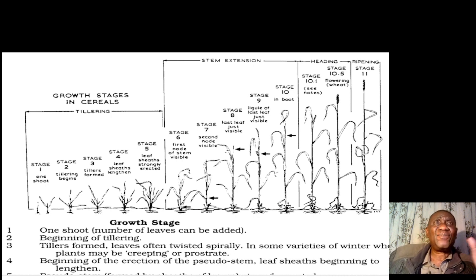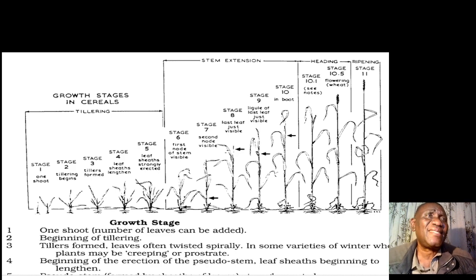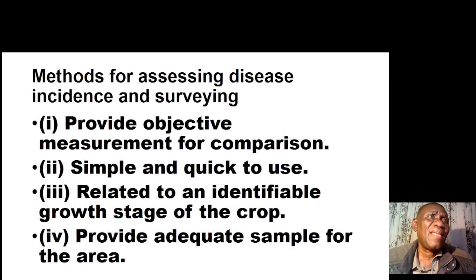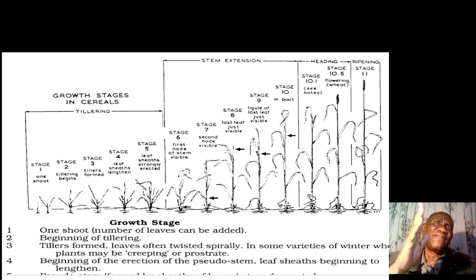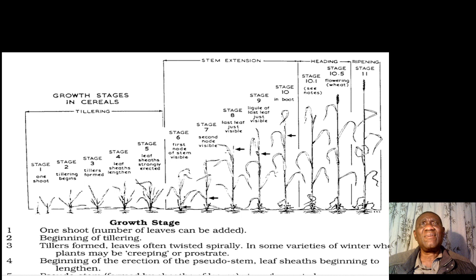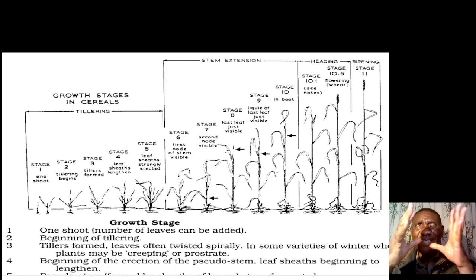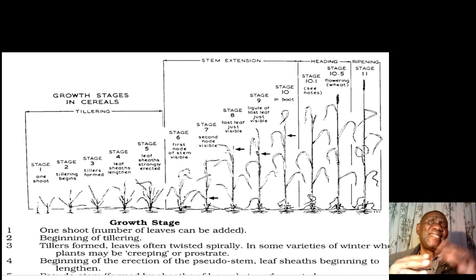So we relate to growth stages. I mean, at the end of the growth period, at maturity, we often see a lot of diseases coming towards that end. But if you look at the crop period, it could be okay. Probably there's no need to do sprays at that end there.